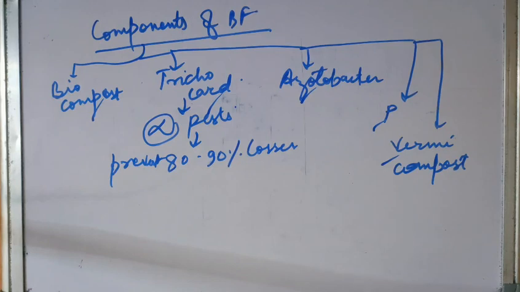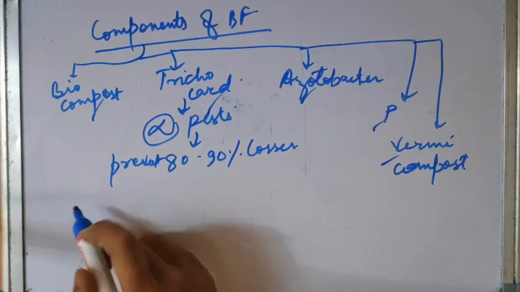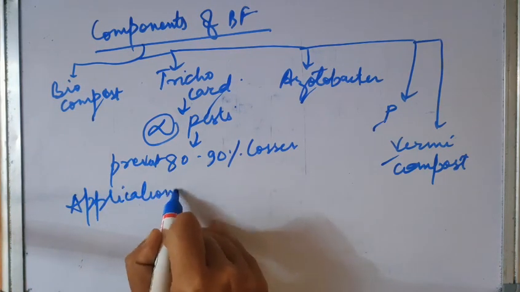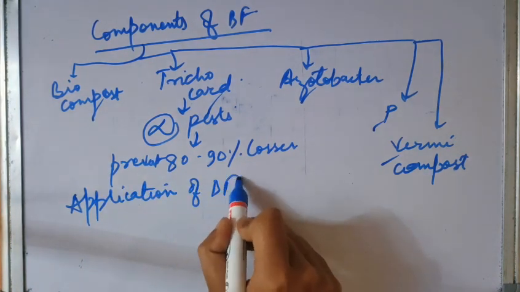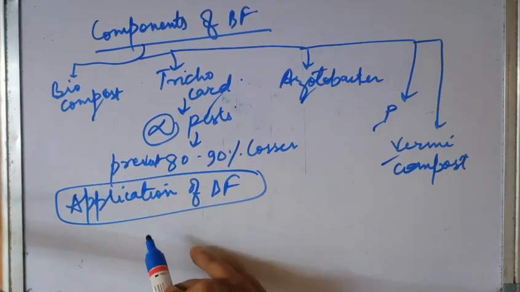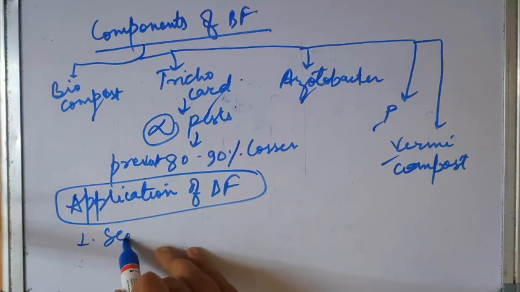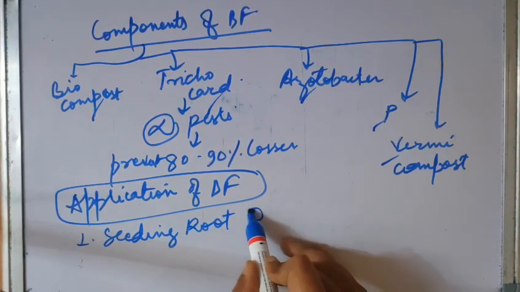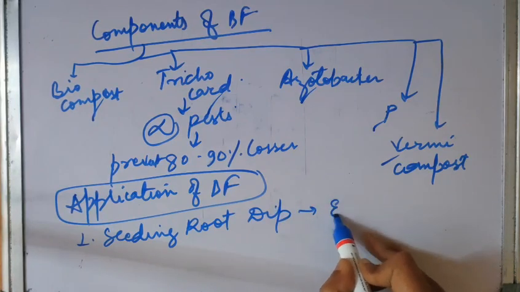Now moving on, how biofertilizer is applied. Application of biofertilizer, I will cover it here only. Number 1 is seedling root dip. Example, rice.